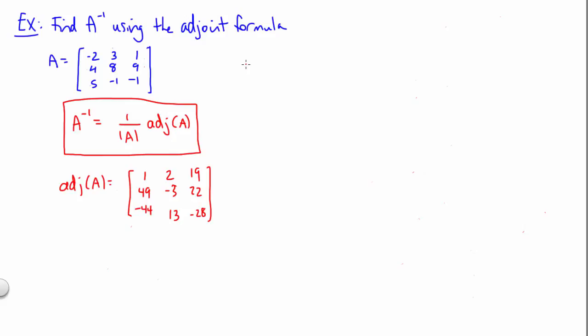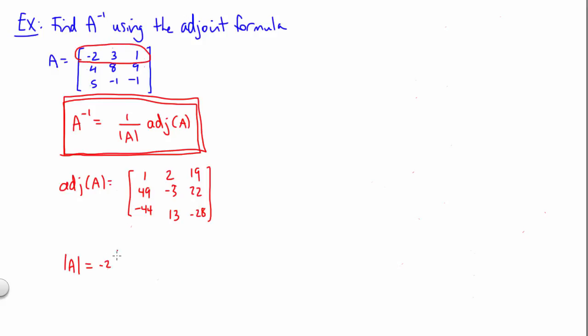I've just recopied the original problem together with our formula for A inverse and the adjoint that we just calculated on the previous screen. So in order to apply this formula here for the inverse, the last thing we're going to need to do is calculate the determinant of A. So I suggest we do that by cofactor expansion. Let's expand along the top row here.